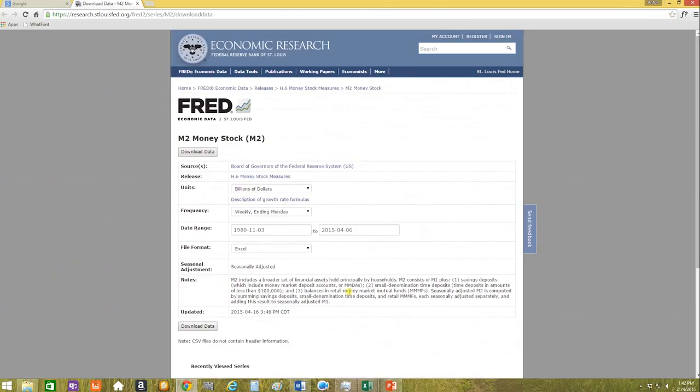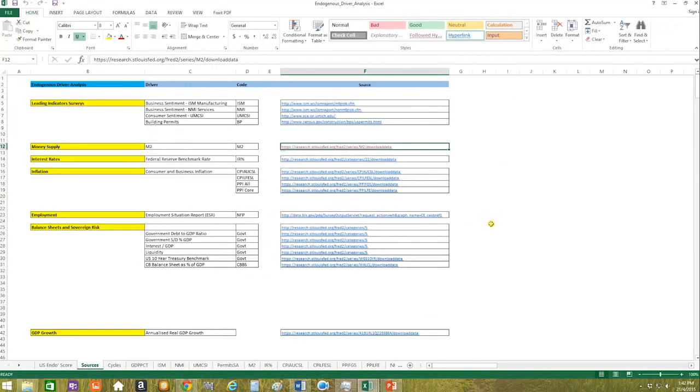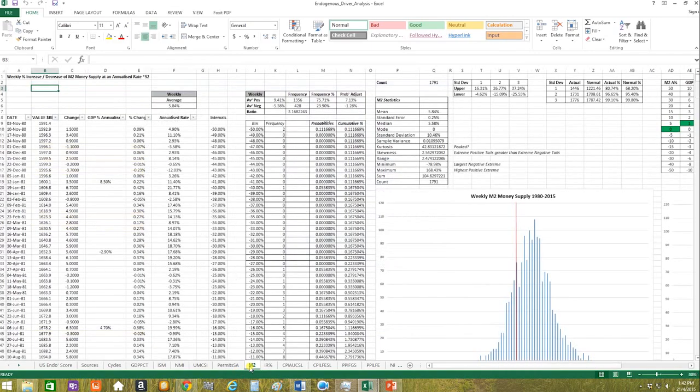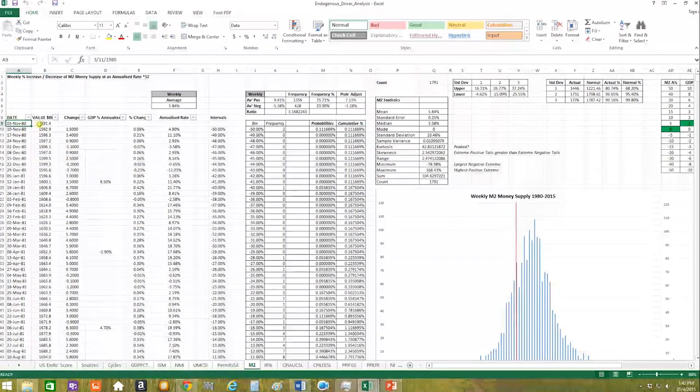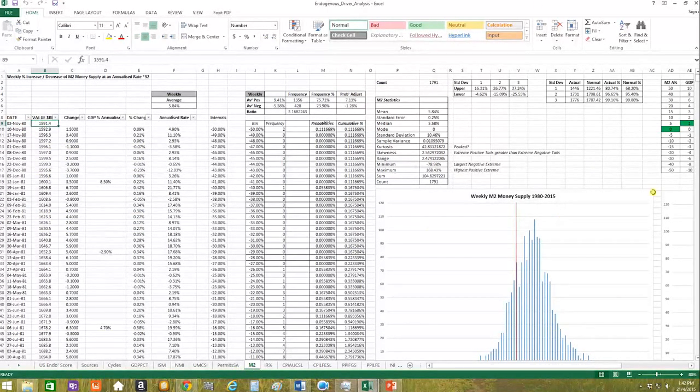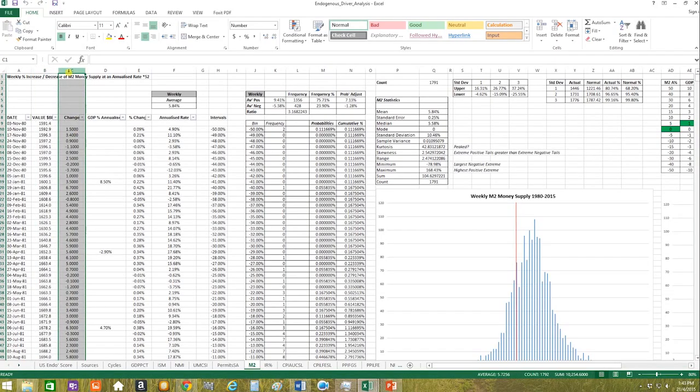Now, if we just minimize that and go back over to our endogenous analysis, we'll click into M2 here, and you'll see how we have all the data here, and we have a pretty in-depth analysis of the money supply. So let's go through the columns here, what we've got. First of all, we have the date by weeks. We have the value of the money supply and the change on a weekly basis in the money supply.